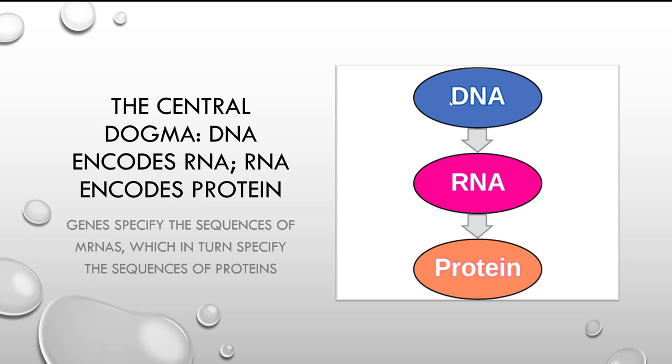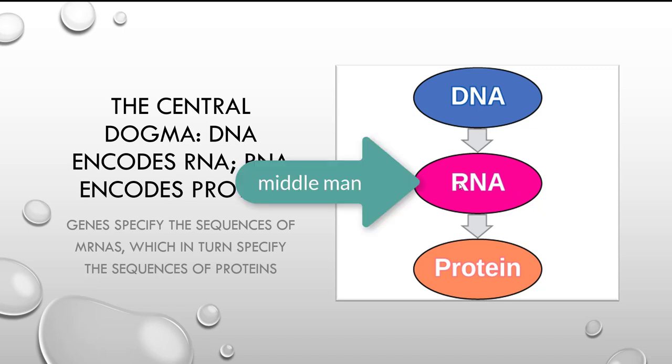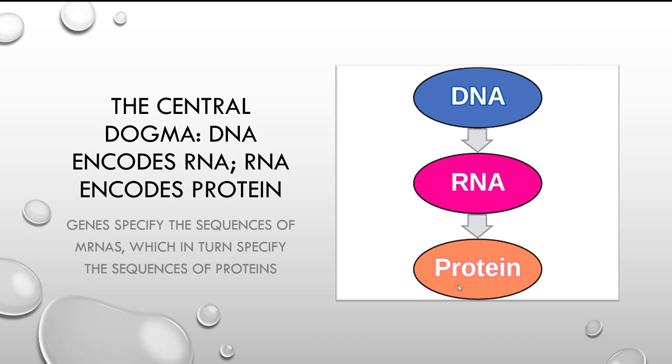If you think about it, the DNA is in the nucleus, and the proteins are being made out in the cytoplasm. So we need the RNA, specifically the mRNA, to be the middleman. The middleman takes the instructions from the DNA and tells the ribosomes how to make the protein.